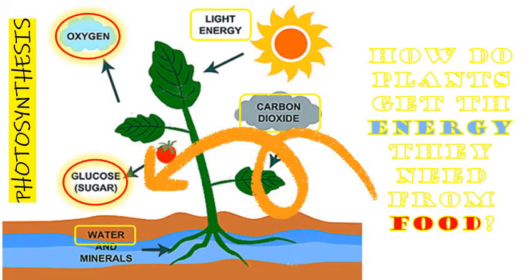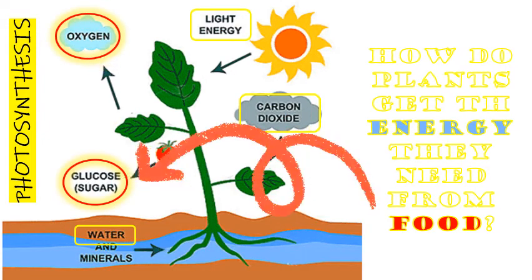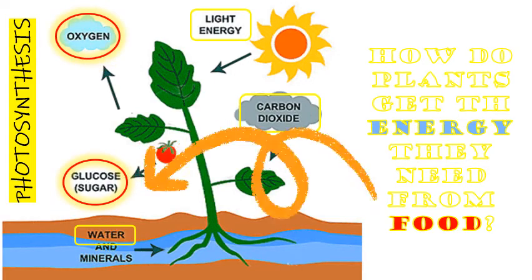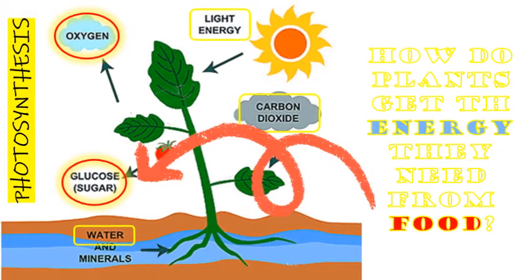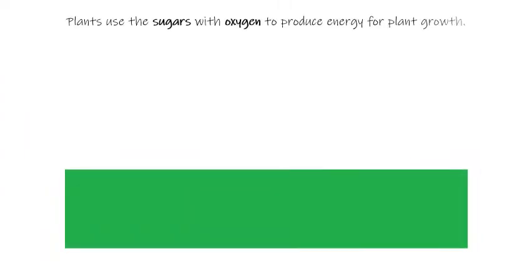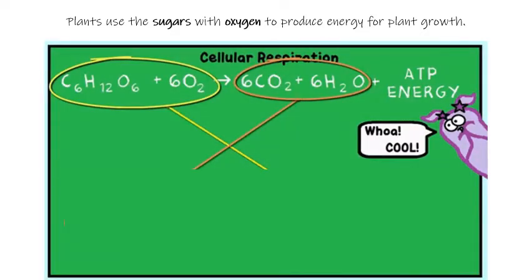Okay, so now plants made their food. They have sugar. How is this food used to produce energy? Plants use the sugar with the oxygen to produce energy for plant growth.